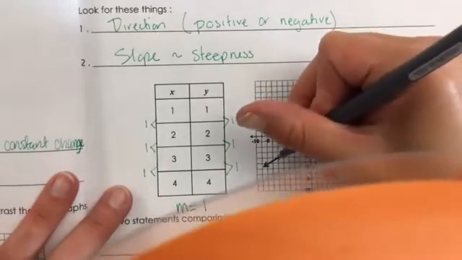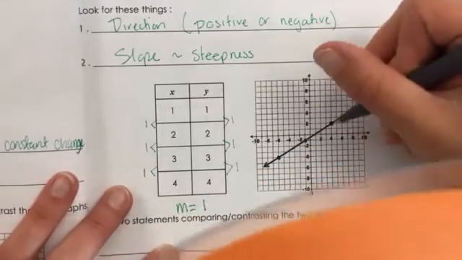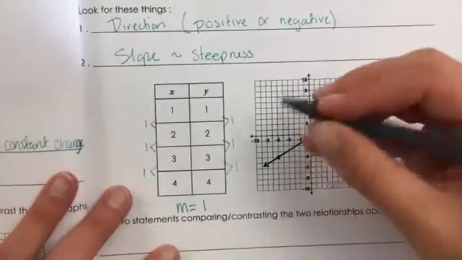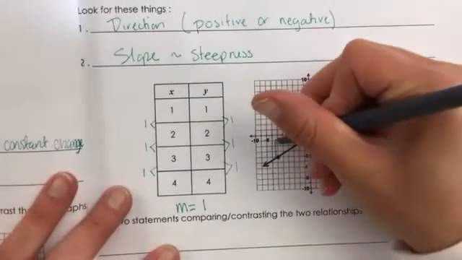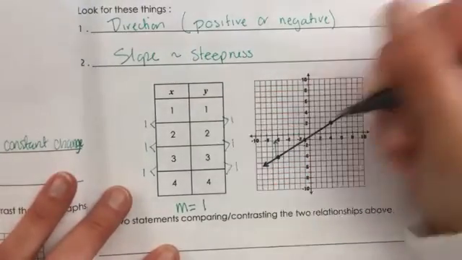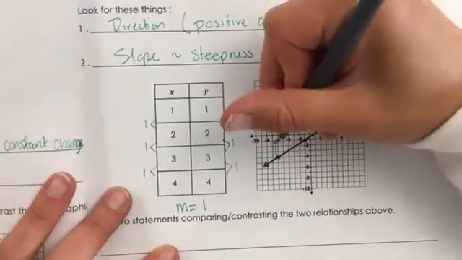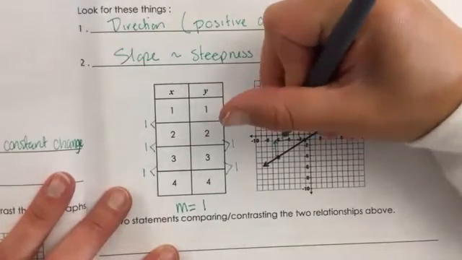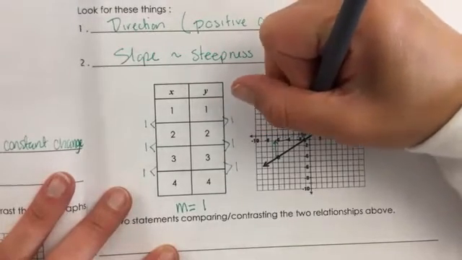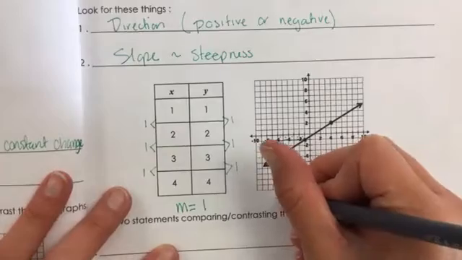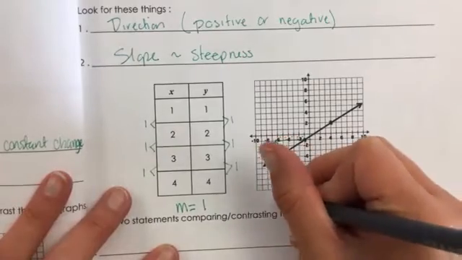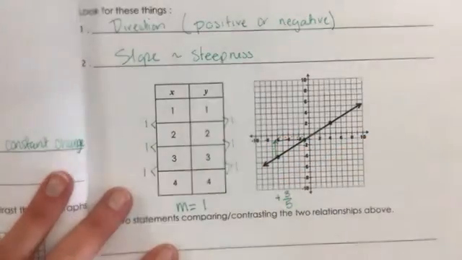Yeah, that's a good one. So then we would go up 1, 2, 3, right? And we would go over 1, 2, 3, 4, 5. So positive 3/5.